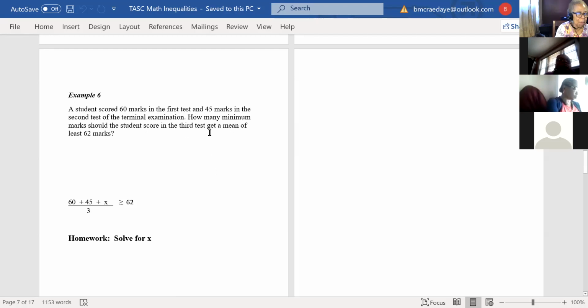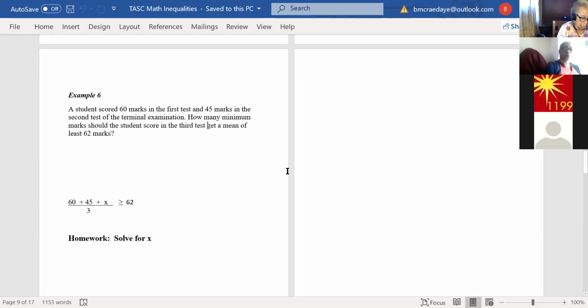How many minimum marks should the student score in the third test to get a mean of at least 62 marks?